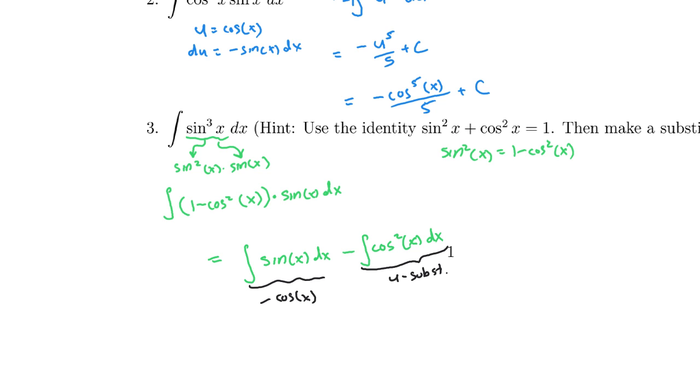And similarly, once the dust settles, we would end up getting that we still have that minus sign, and then this whole thing becomes an additional negative cosine cubed over 3 plus c. So when all the dust settles, we're left with cosine cubed of x over 3 minus cosine of x plus c. And that'll do it.